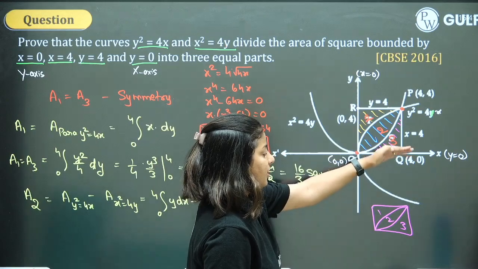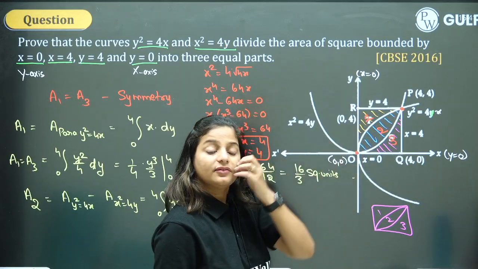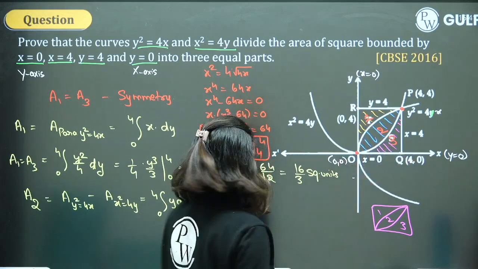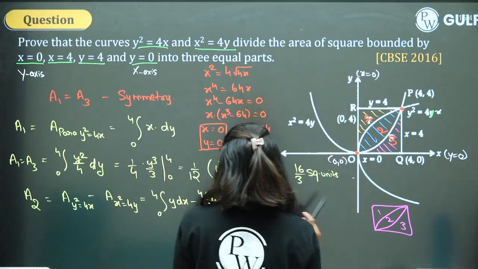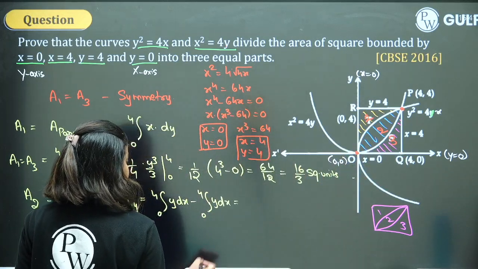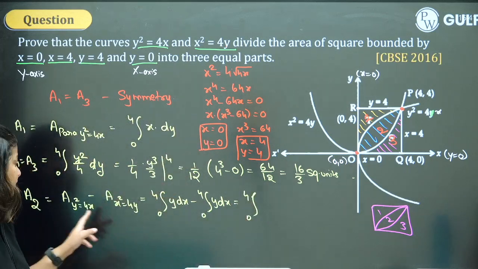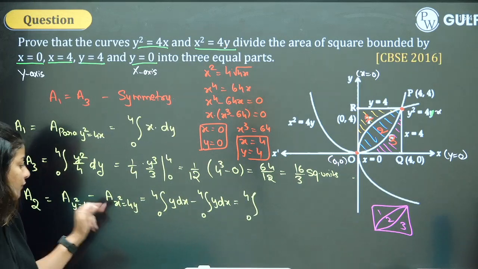Area under upper curve minus area under lower curve. Remember area between two curves, how do we find? Upper minus lower, f of x minus g of x, from 0 to 4. What's the value of y for upper curve? For upper curve y is root 4x.